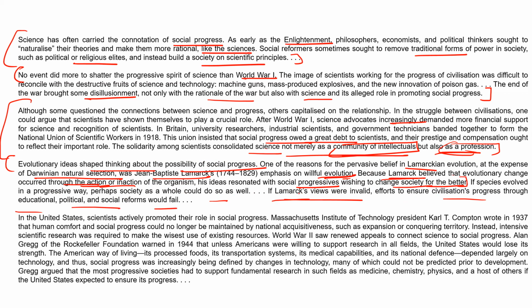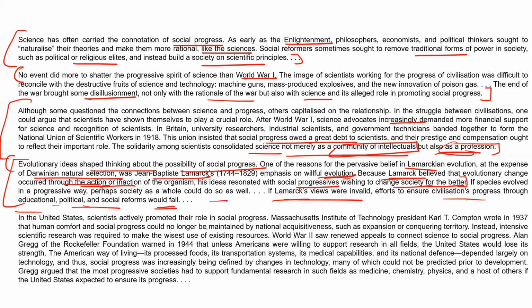So the social progressives said that if Lamarck's views were invalid, that means whichever way evolution is happening, it is for the better, in a progressive way. If this is invalid, then ensuring civilization's progress through all these reforms will fail. Therefore, this paragraph lays out how Lamarck's views resonated with the social progressives.